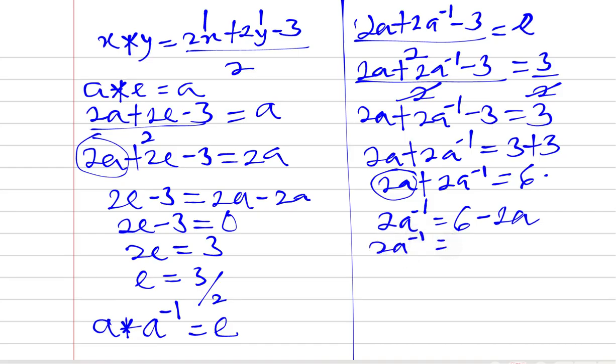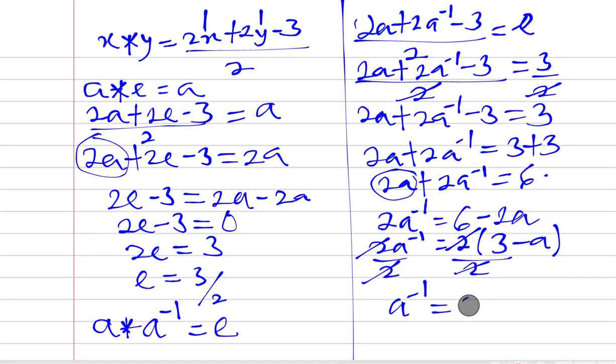What's common between this place? 2 is common. It will remain 3 minus a. Are you seeing that now? Then you divide through by 2. 2 cancel 2. That means a inverse is equal to 3 minus a. So that is the inverse of this example.